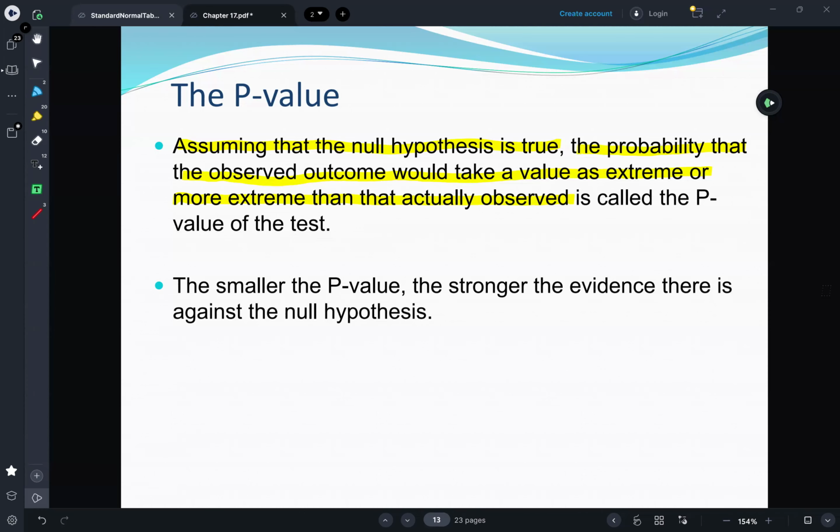So if the probability is really, really small, then it's really, really unlikely that the null hypothesis is true. And we stop believing that it's true and we say we reject. Okay, so small p-value equals stronger evidence to reject. Small p-value means small probability, right? If you have a small probability, then the chances are low that the null hypothesis is true and you reject, if you think of it that way.